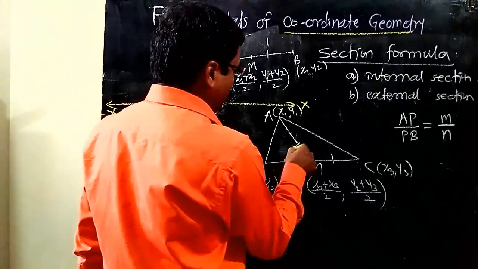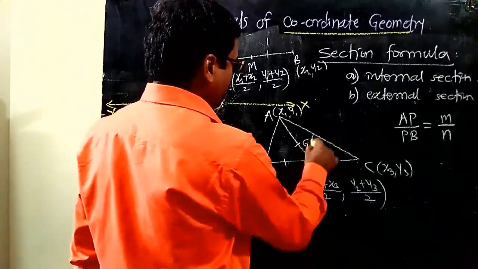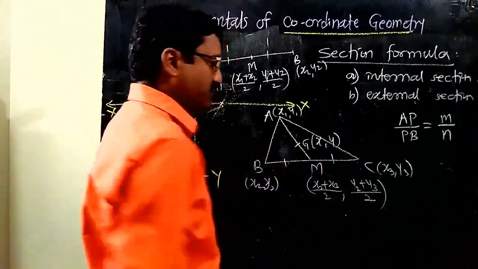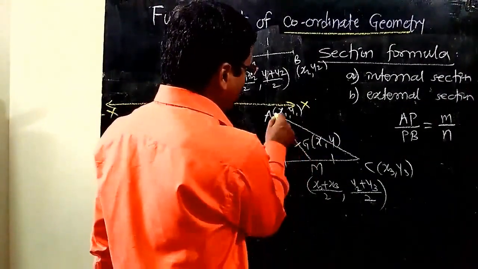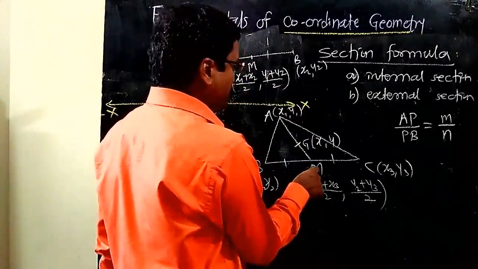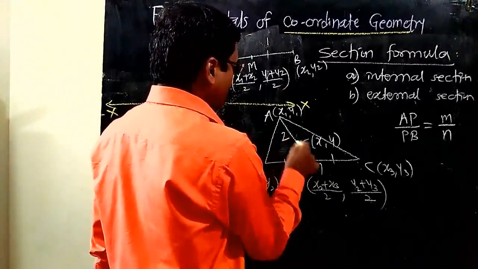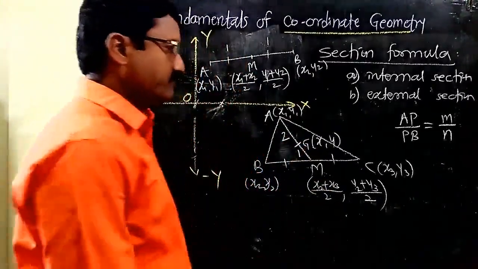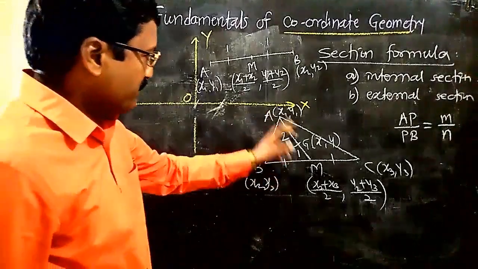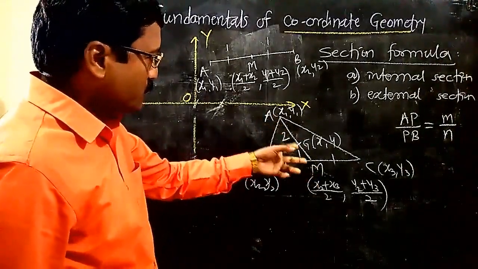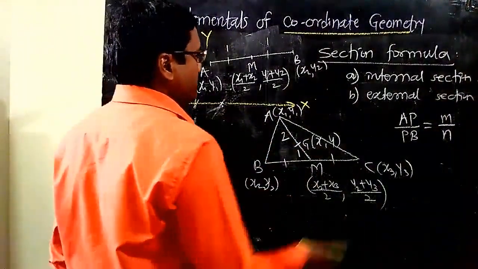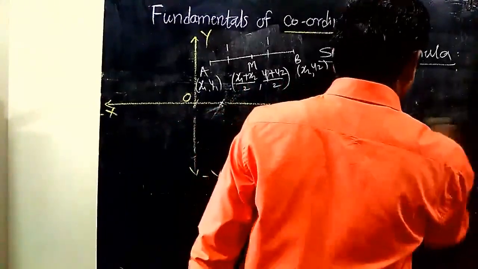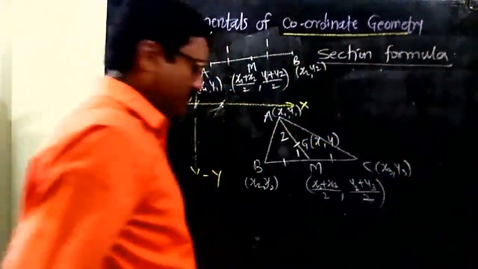You know that this G is the centroid, suppose having coordinates x and y. You know that G has the property that it divides this median in the ratio 2 is to 1. So the centroid G divides every median in the same ratio of 2 is to 1.